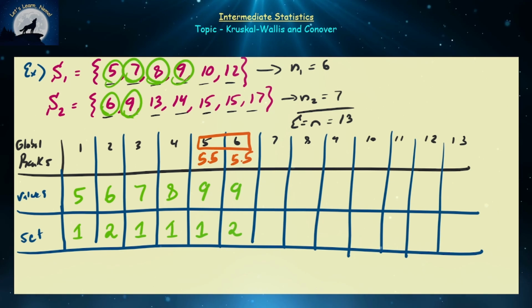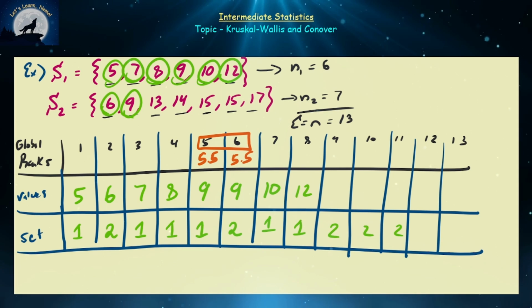Now let's continue. The next value after 9 is obviously going to be 10, and that's going to belong to set number 1. And then we're going to have 12, and that's also going to belong to set number 1. And the rest of these values are going to belong to set number 2, so that's an obvious thing. So we're going to have 13, 14, 15, 15, and 17.